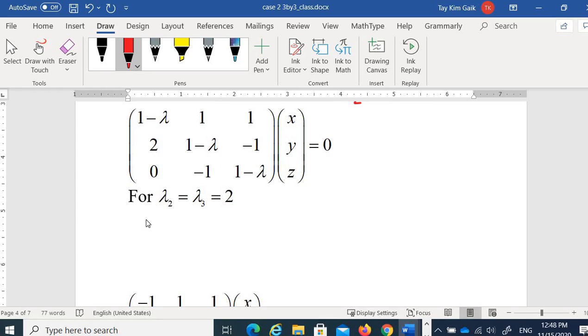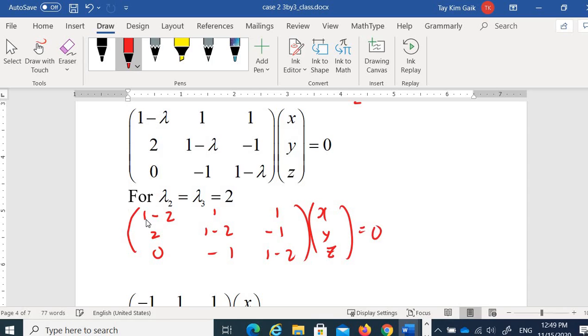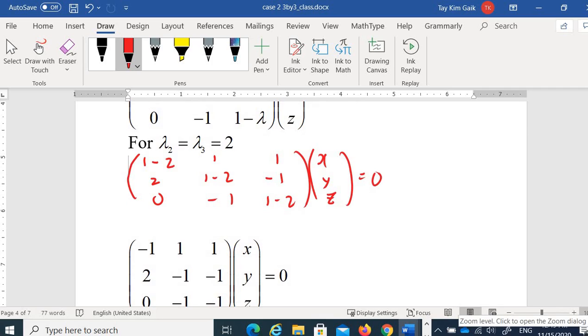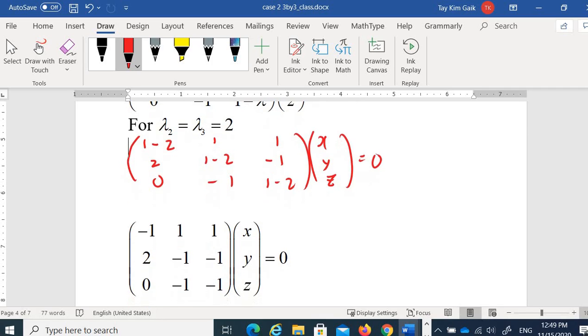So we have this one. So 1 minus 2, 2, 0. Here this 1 minus 2, negative 1, 1, negative 1, 1 minus 2. So you get this one.